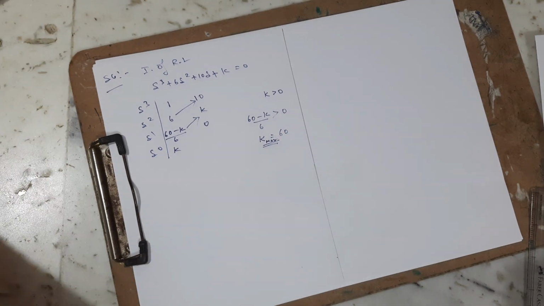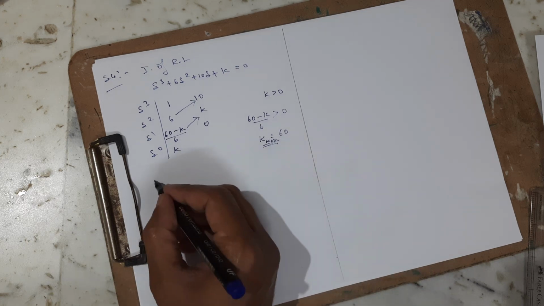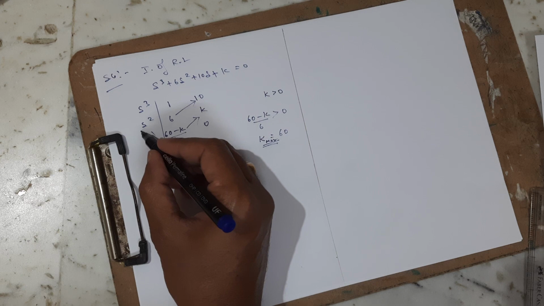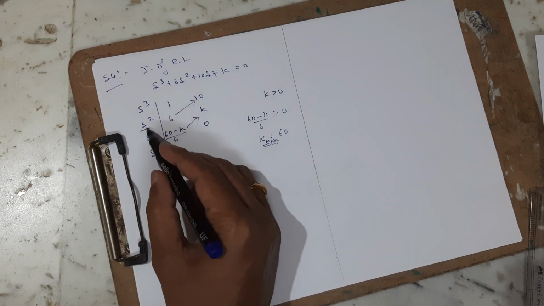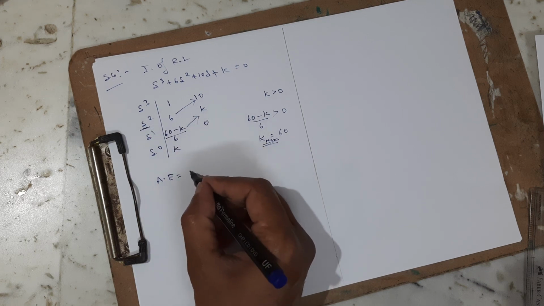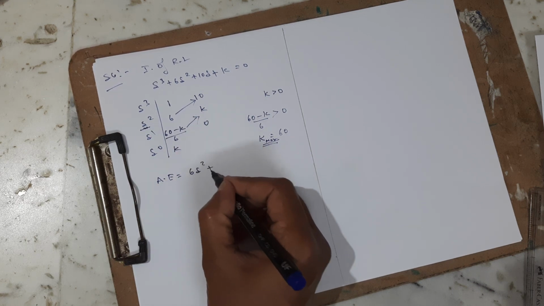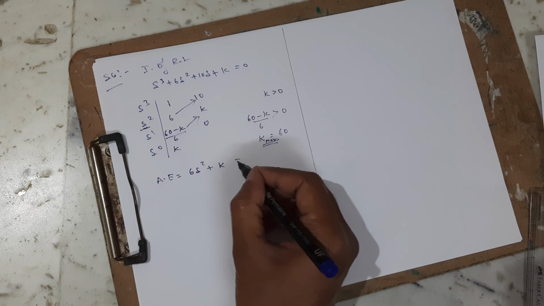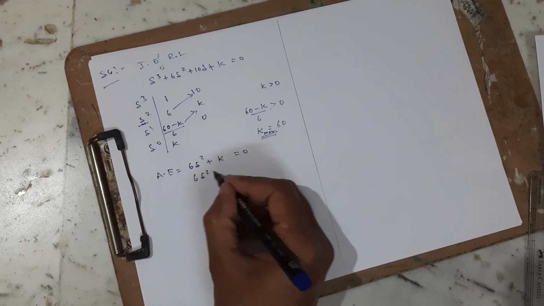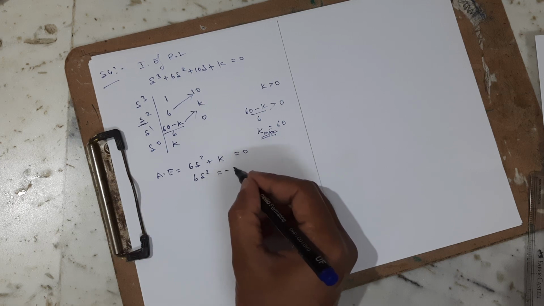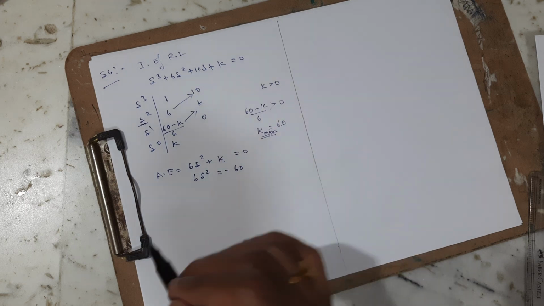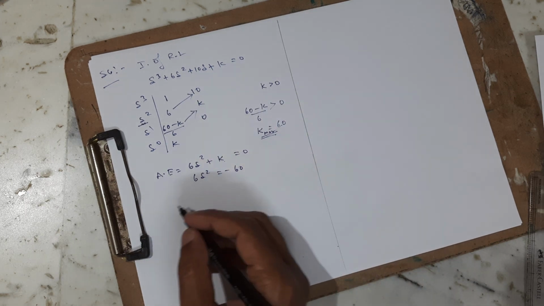Okay, so next we need to consider the auxiliary equation, that is from the s to the power of 2 row. I am going to form the equation from this row, that is 6s square plus k equal to 0. So 6s square is equal to minus 60, because I am substituting k equal to 60 that I found in the previous step.